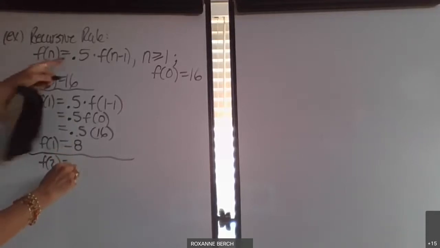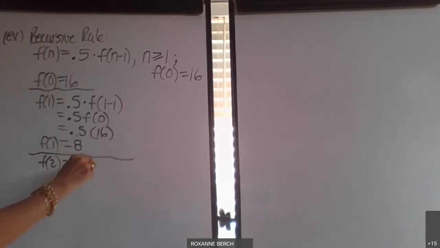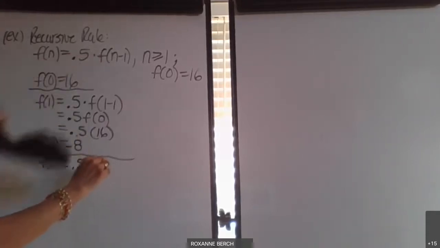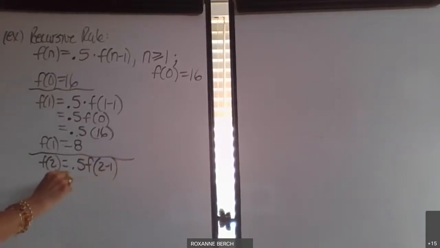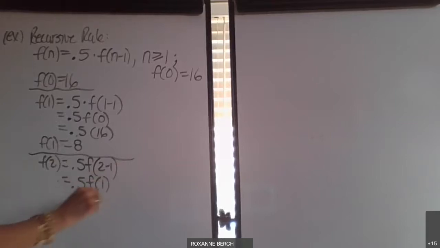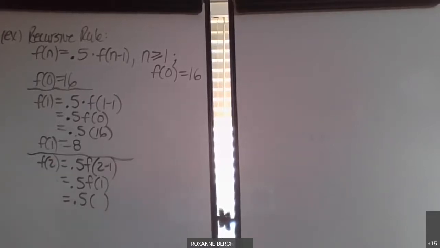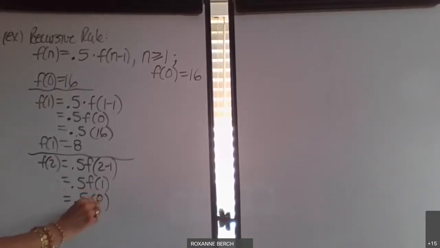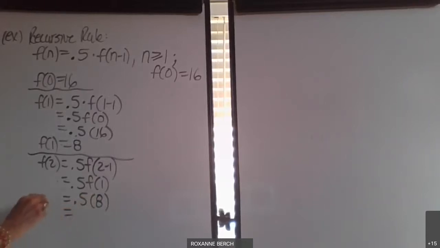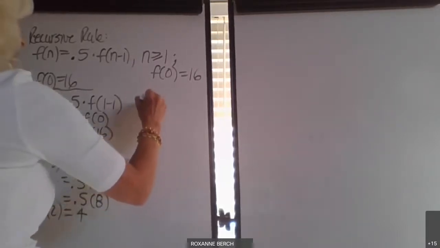That would be 0.5 times f of 2 minus 1, which is 0.5 times f of 1. So what is f of 1? 8. So what's 0.5 times 8? 4.